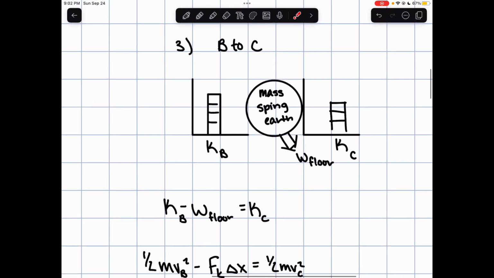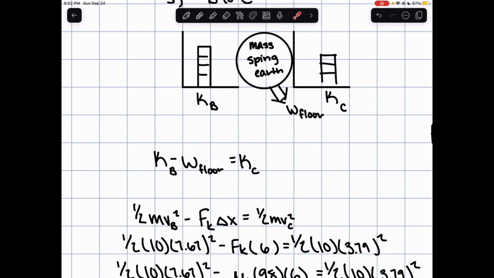So for this equation, it's going to be our kinetic energy at position B minus the work done by the floor equals kinetic energy at position C. Next, all we need to do is plug the storage method equations into our original equation: 1/2 m v squared minus the work, which is force times displacement, equals 1/2 m v squared.